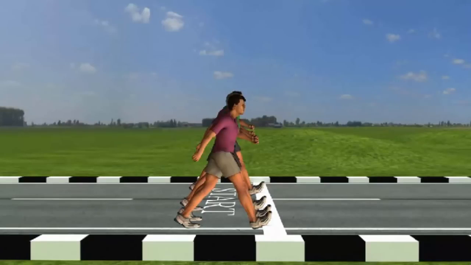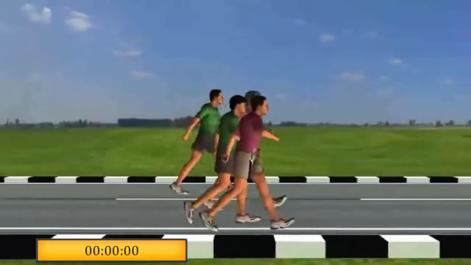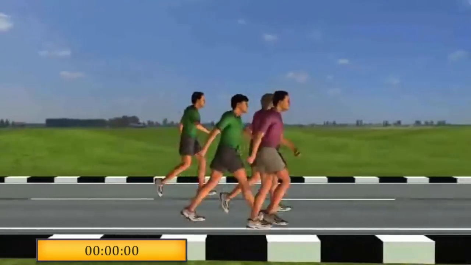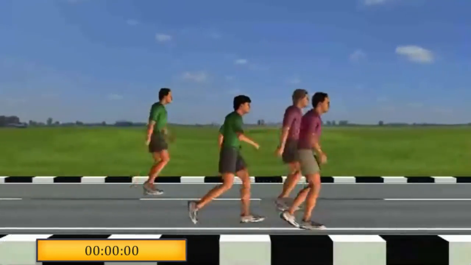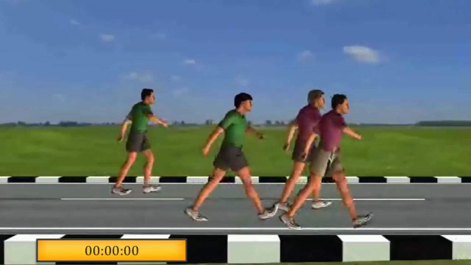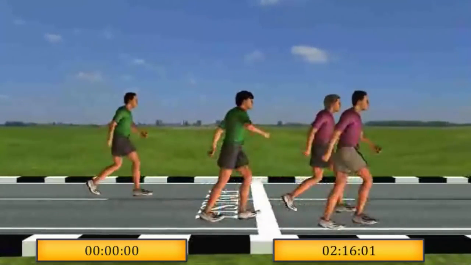For example, in a marathon race, the time interval between the instant of start of the race and the instant the winner crosses the finish mark is essential to declare a winner in the race.